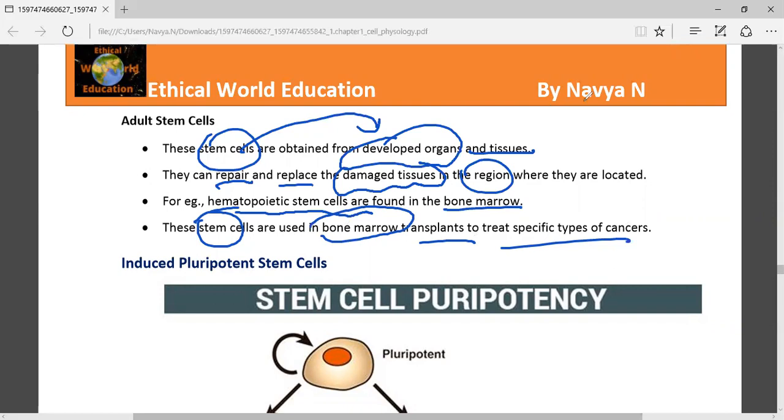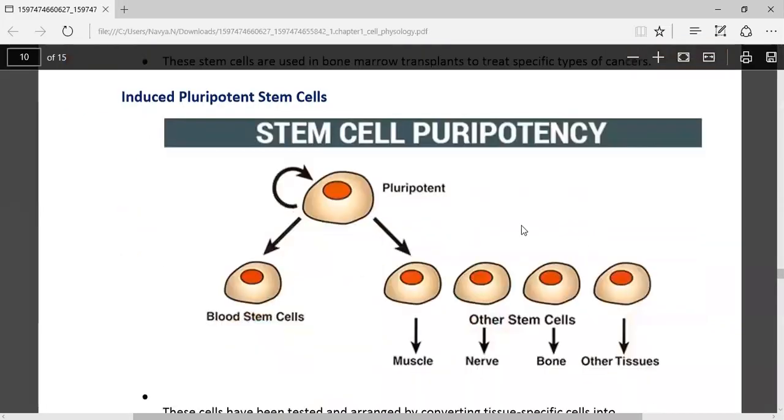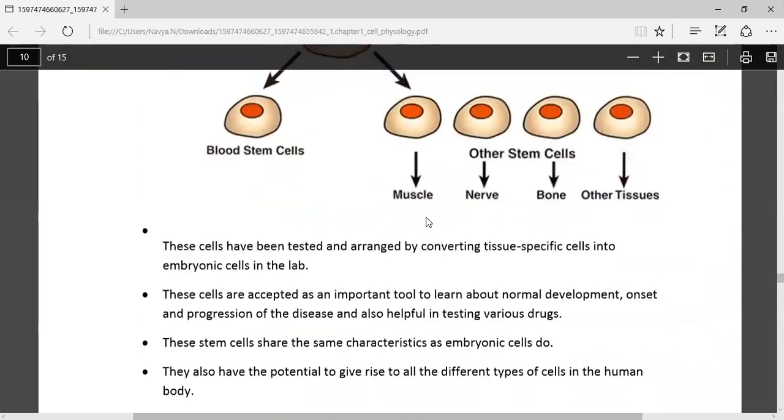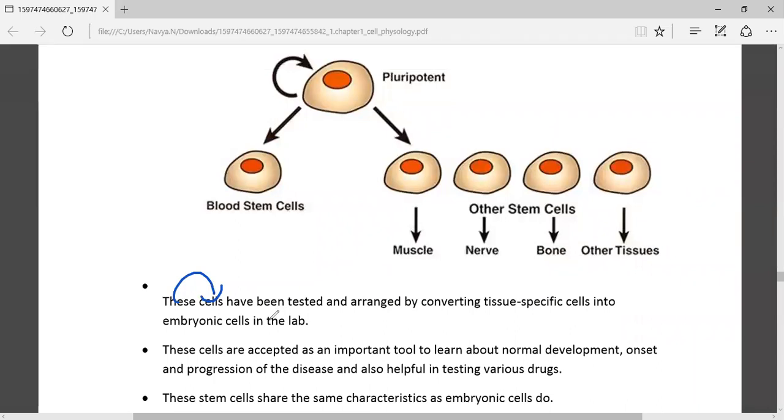So these are the other stem cells that will be used. Then there are pluripotent stem cells. Here, these cells are generated by converting tissues from specific cells into embryo-like cells in the lab.